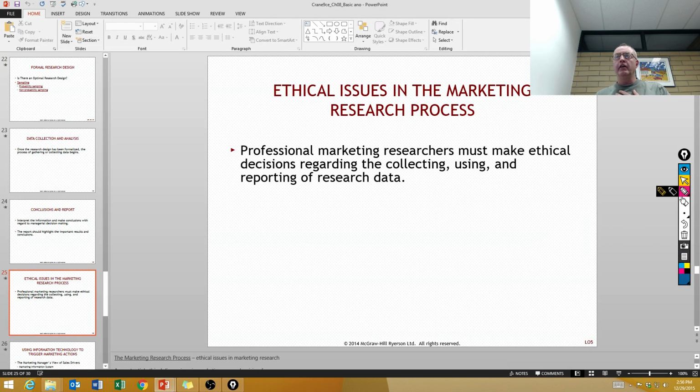And then another potential ethical problem is only reporting favorable results and omitting some of the unfavorable data. And another potential issue is using deceptive means for collecting information. And a final potential ethical issue in marketing research is breaching respondent confidentiality.